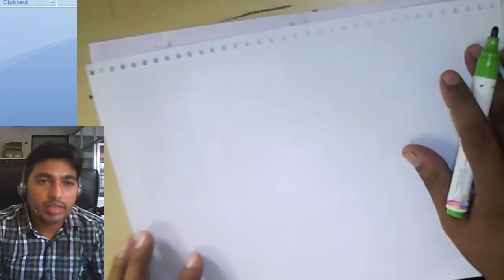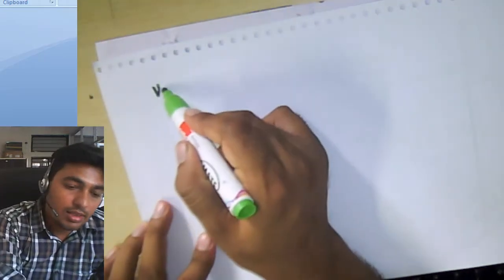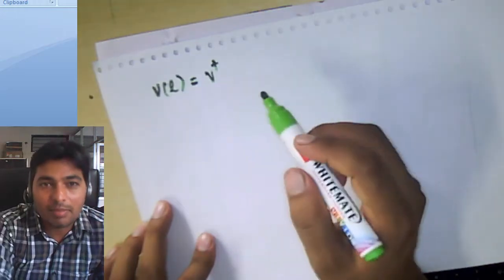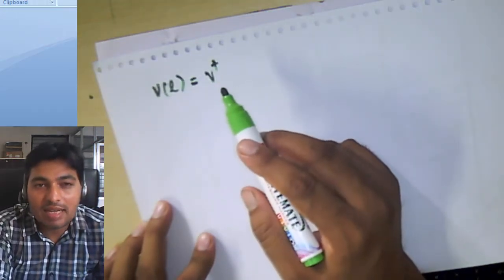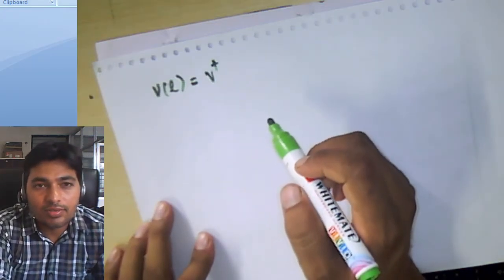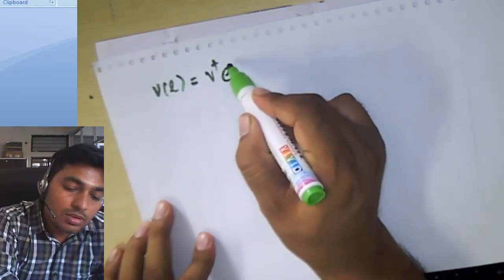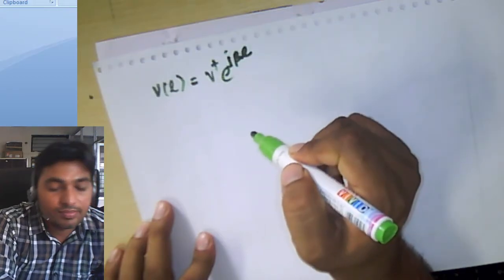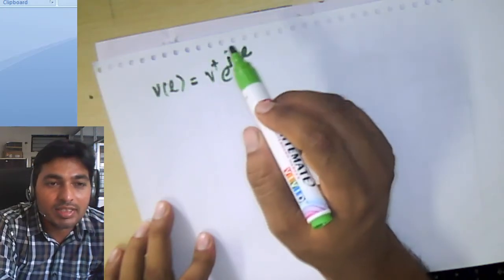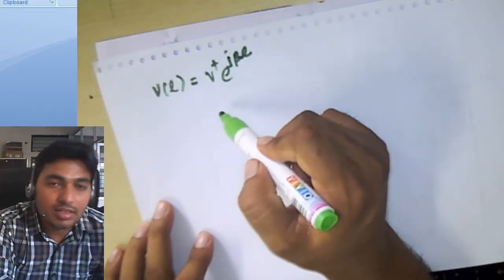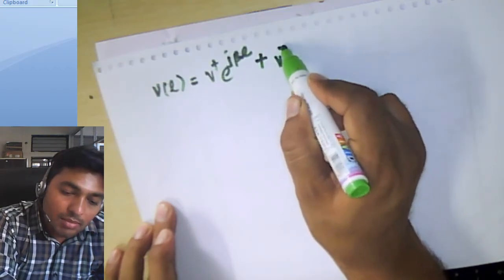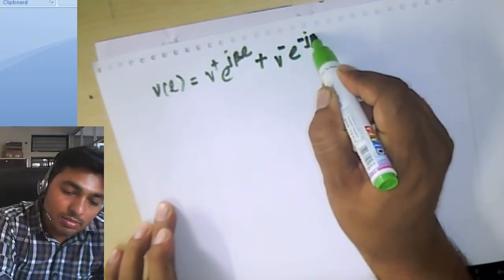The voltage is given by V(L) equal to V plus e raised to plus gamma L. Now we substitute gamma equal to alpha plus jβ, and alpha is equal to 0 for a lossless line, so instead of e raised to gamma L, it will be V plus e raised to jβL, and V minus e raised to minus jβL.